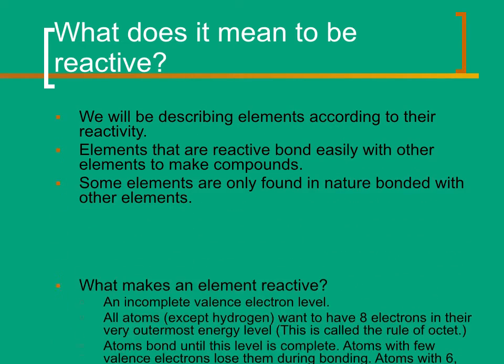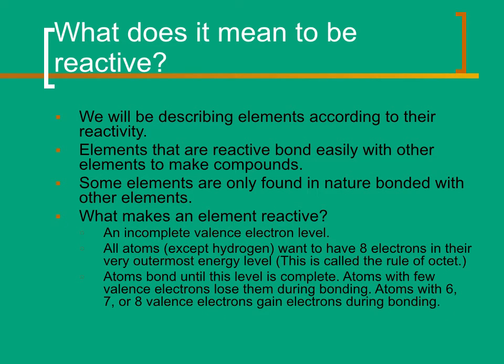So for the rest of this, we're going to be describing elements according to their reactivity, and that means how easily they bond with other elements. So if they are extremely reactive, that means they bond super easily. If they are not reactive at all, that means they do not bond. In order to be reactive, you have to have an incomplete valence shell, which means you have less than 8 electrons, except for helium.